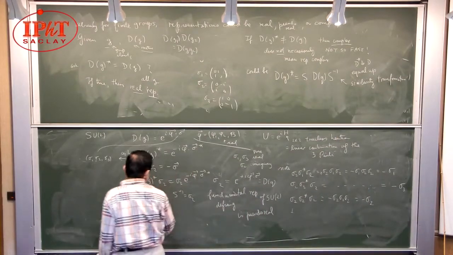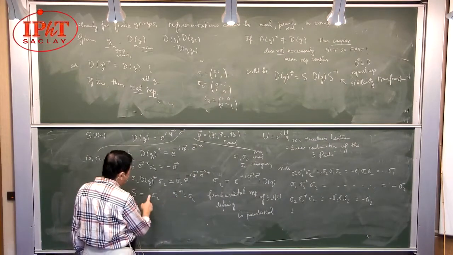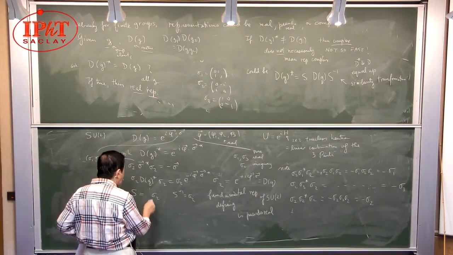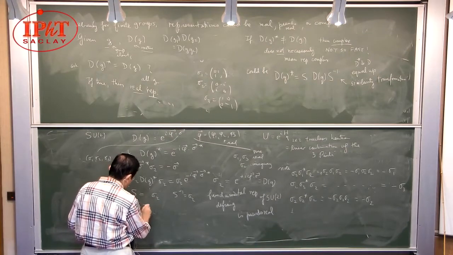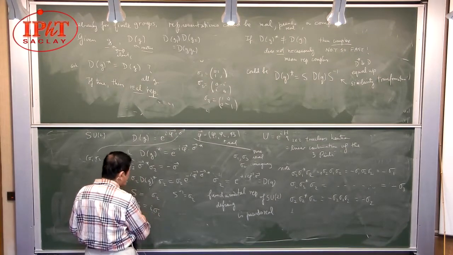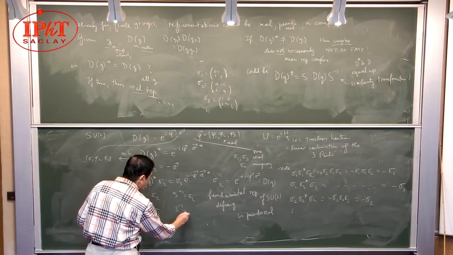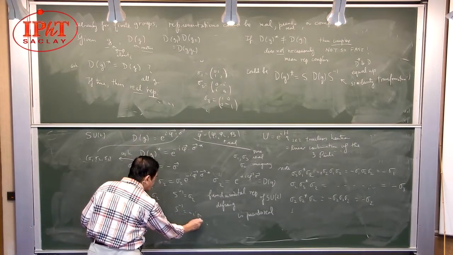So in particular, since we can define it by any constant, we can multiply in particular by i. So we can also choose S to be i sigma 2 and S inverse to be minus i sigma 2.